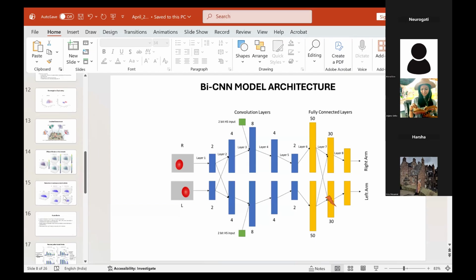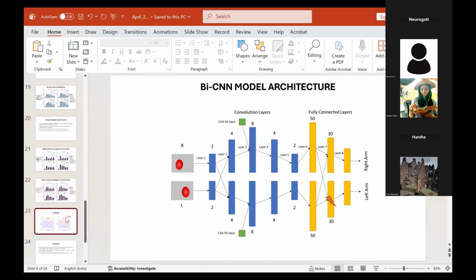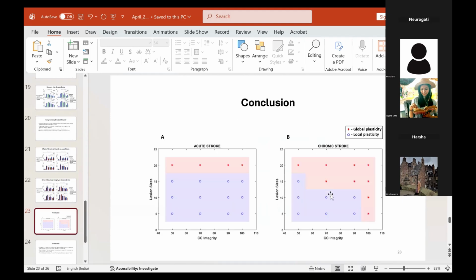Okay, so actually, with this graph, more than the lesion size being higher, you need to concentrate on the structural integrity of the corpus callosum. What happens in the brain is, if the corpus callosum is damaged because of the stroke, it's not going to be able to access the resources in the other hemisphere very easily.